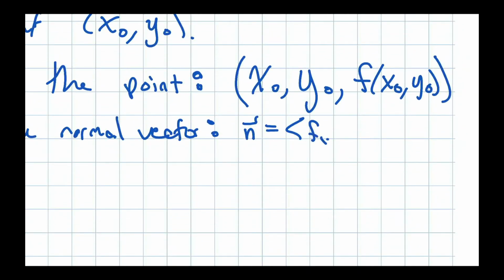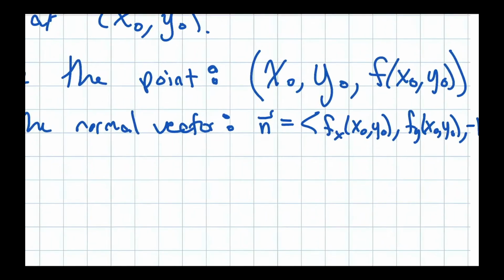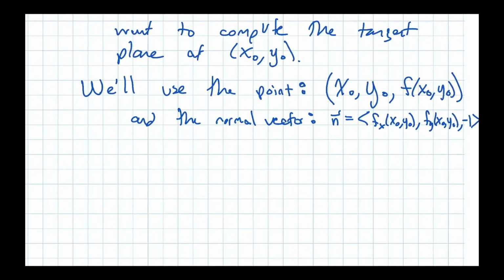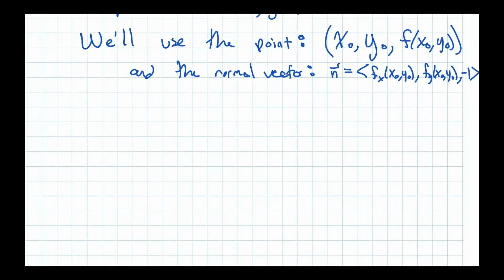So like fx at x0, y0, fy at x0, y0, and then -1. Because you need numbers there, right? So if you don't plug in the point, you're not going to have numbers in general. Once we have a point and a normal vector, then you can write the equation of the plane.